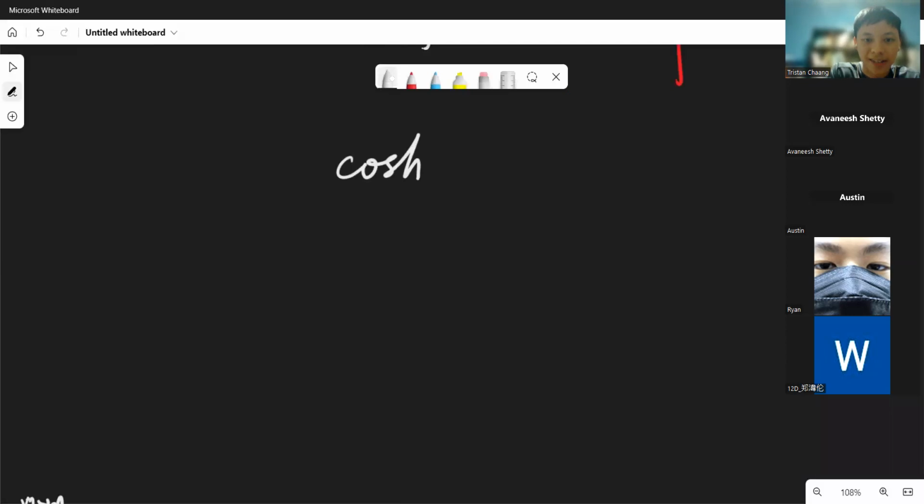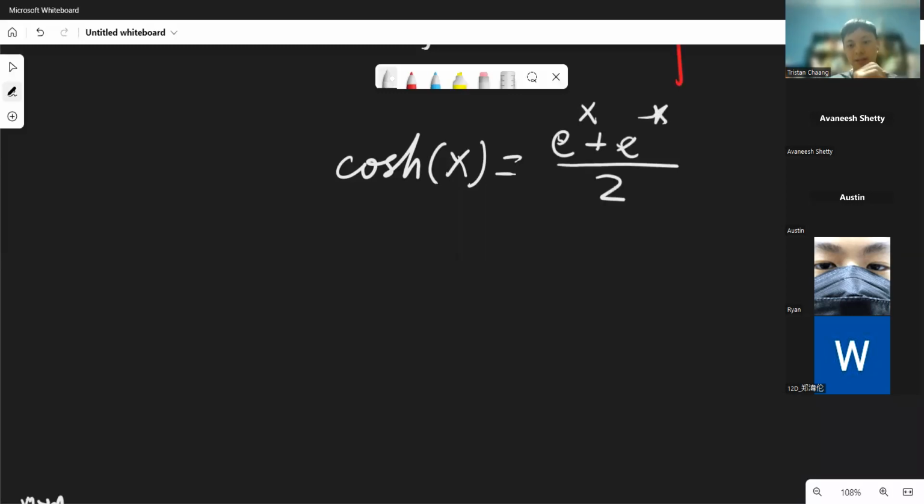So cosh x, just a very brief introduction. Cosh x is (e^x plus e^(-x)) over 2. And apparently it obeys the double angle formula as well.